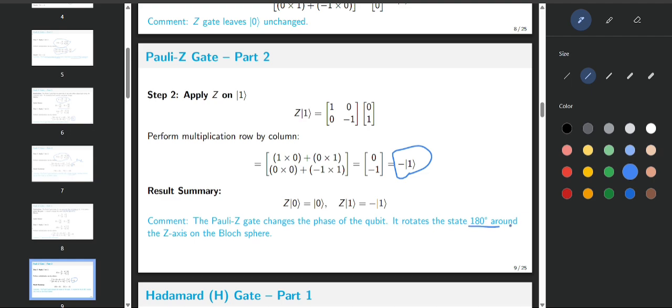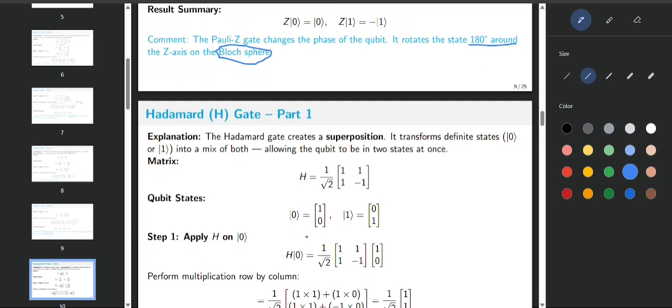This Pauli-Z gate changes the phase of the qubit. It rotates 180 degrees. I will explain the Bloch sphere in another video. The Bloch sphere is a 3D sphere where this gate rotates 180 degrees around the z axis. That is the meaning of this particular sentence.